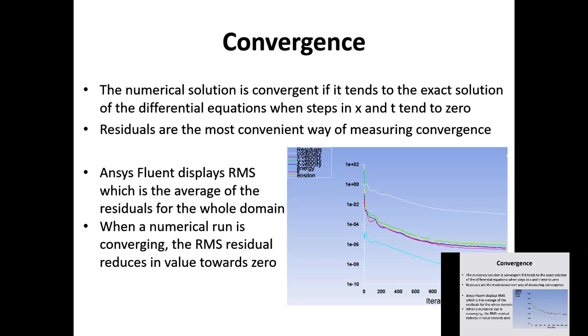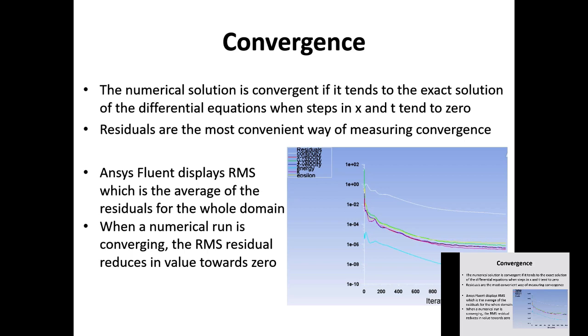So somebody asked what is meant by a residual. Some of you still have the question, what is a residual? The residual is the difference of any quantity, u, v, w, etc., for two consecutive time steps.